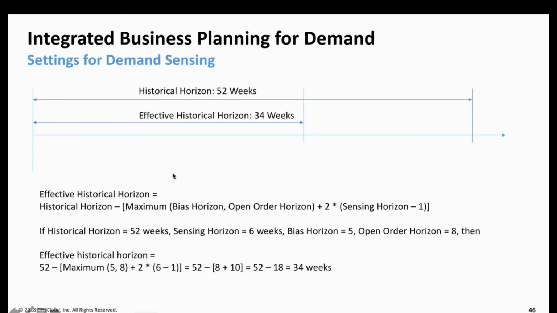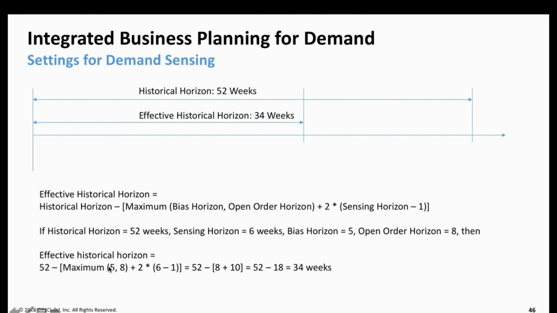Before looking at further settings for demand sensing, let's understand the concept of effective historical horizon. So let's say our historical horizon is 52 weeks, and there's a formula to calculate the effective historical horizon, which is historical horizon minus the maximum of bias and open order horizon plus 2 times sensing horizon minus 1. So consider our case where our sensing horizon is 6 weeks, bias horizon is 5 weeks, and open order horizon is 8 weeks.